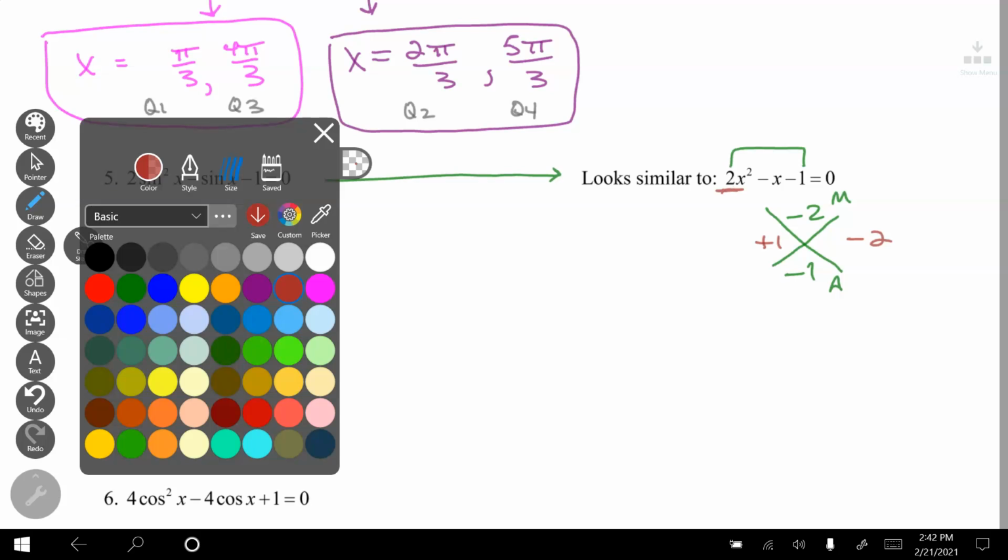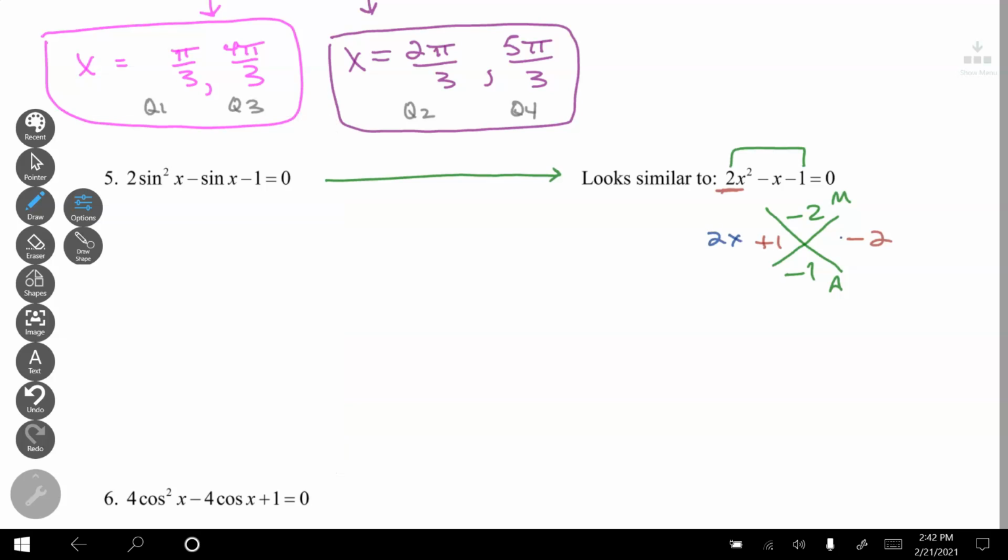That 2 makes a huge, huge difference. So what happens is that I have to make this a 2x here, a 2x here, and that one looks good, but this one can be reduced to x minus 1. So it becomes 2x plus 1, x minus 1 when I factor it.